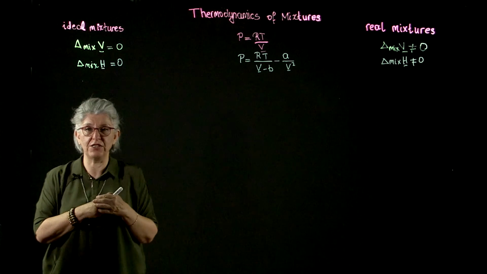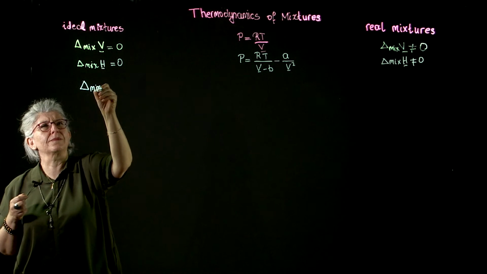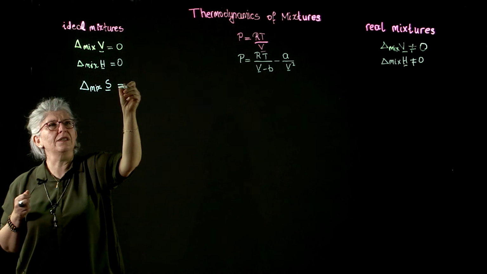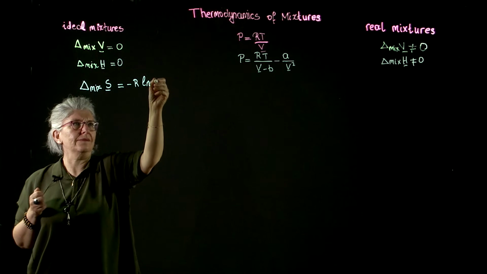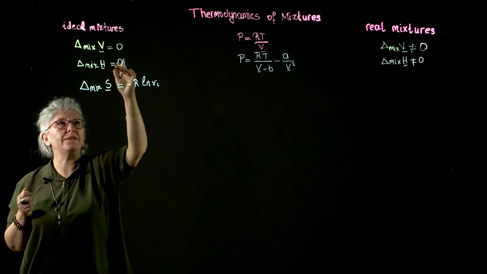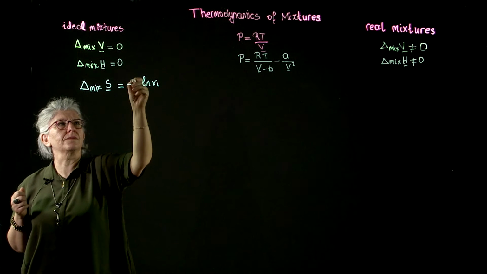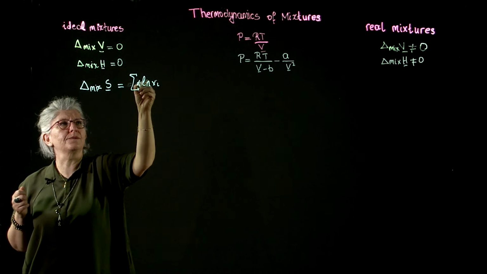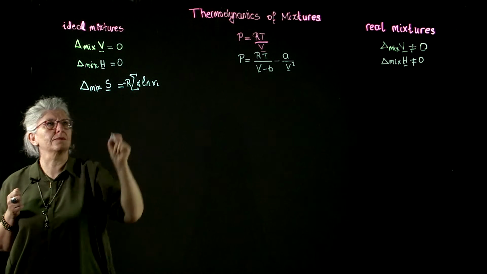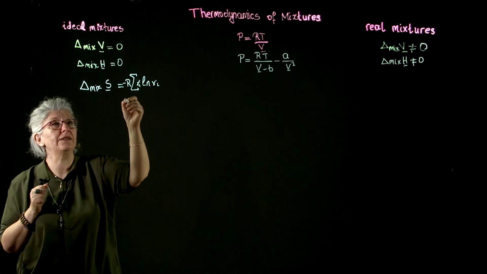So the entropy change upon mixing, as we derived earlier, is going to be minus R ln xi, and of course if you have a large number of components, this is going to be represented for the total system by the equation.